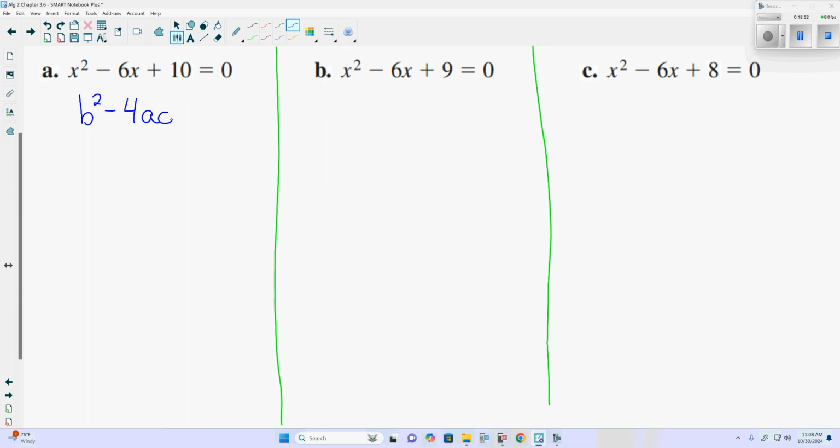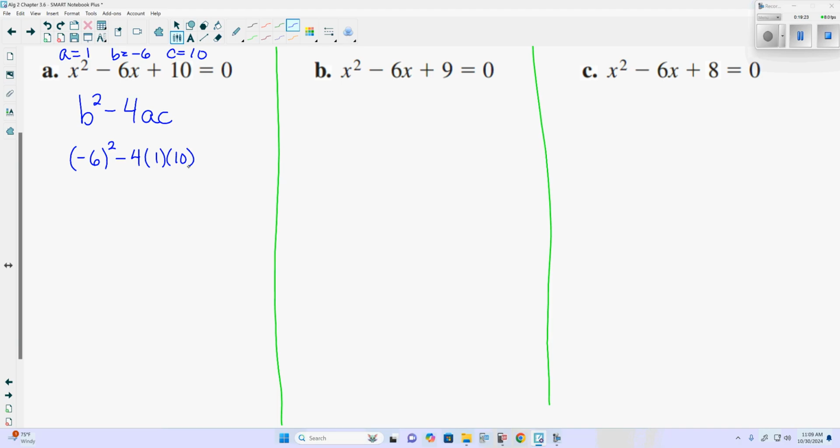Well, our a, b, and c values: a is 1, b is negative 6, and c is 10. So if we want to find the value of the discriminant, we just plug it in. So b squared would be negative 6 squared minus 4 times our a value, which is 1, times our c value, which is 10. Questions on how we got to this part here?